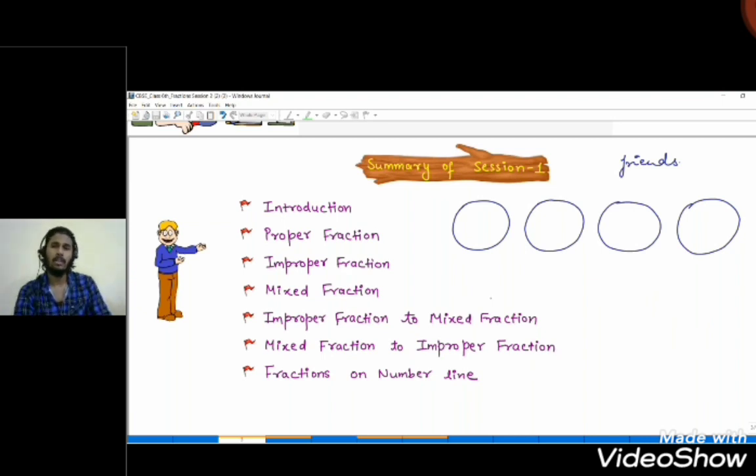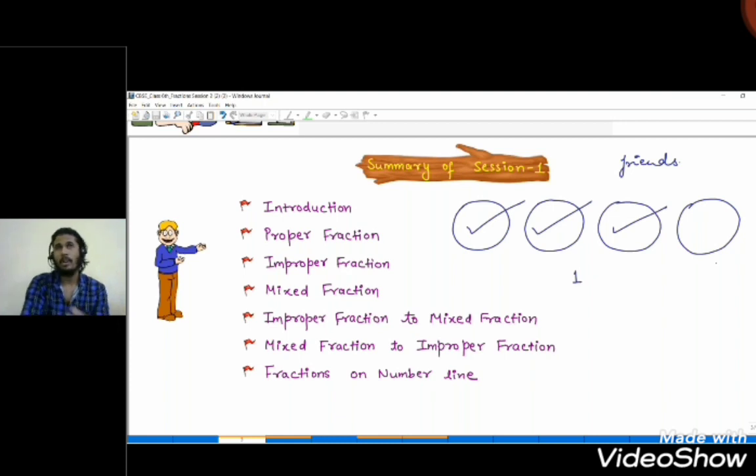So here it has to be divided among 3 friends. So what can they do? Let us say the friends suggest, let's start eating 1 cake each. This is eaten by one friend, this by the second friend, and this cake by the third friend. So now each friend has had 1 complete cake.